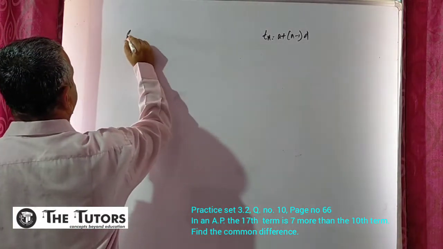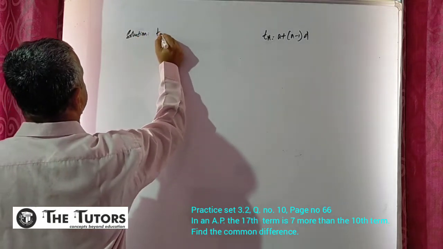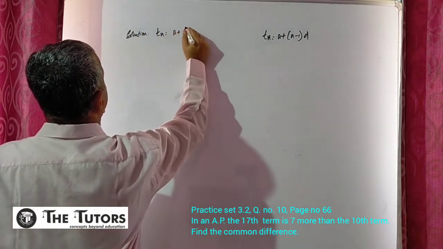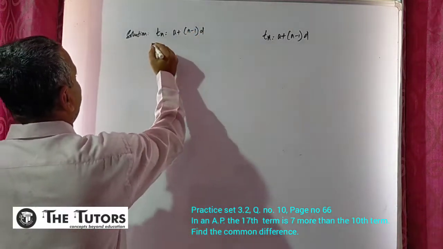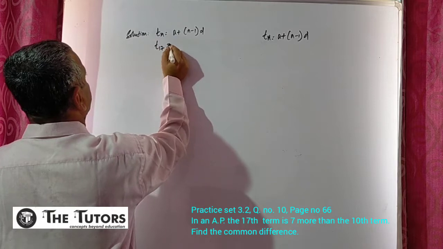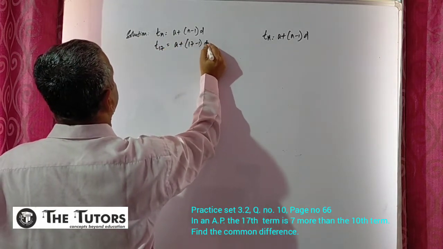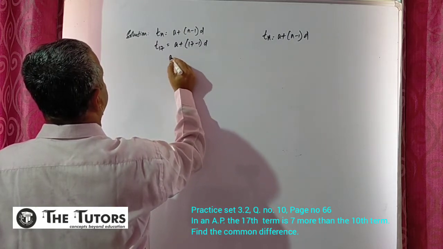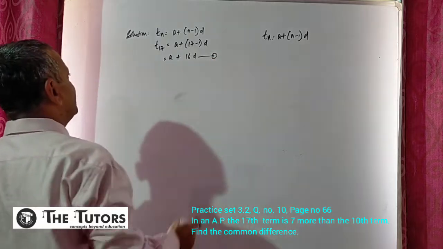As per the solution, let us first write the formula. Tn is equal to a plus n minus 1 d. T17 is equal to a plus 17 minus 1 d. This is equal to a plus 16d. You got T17.